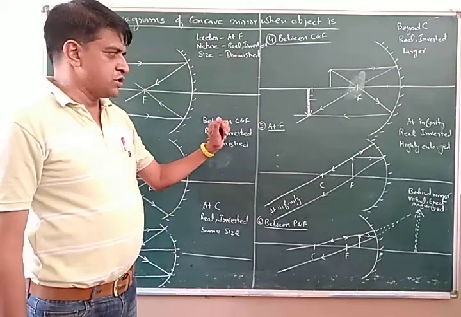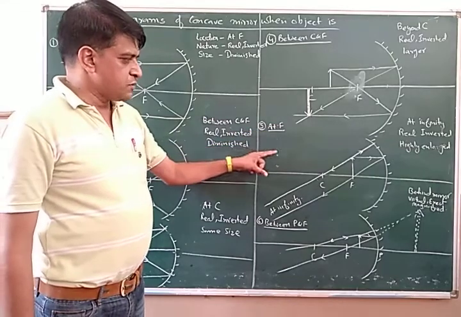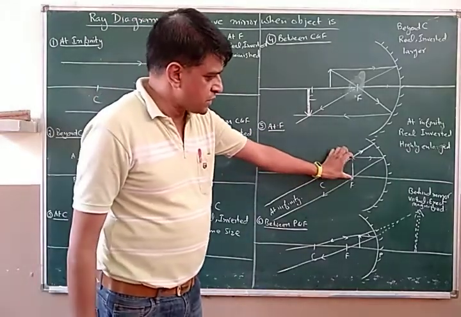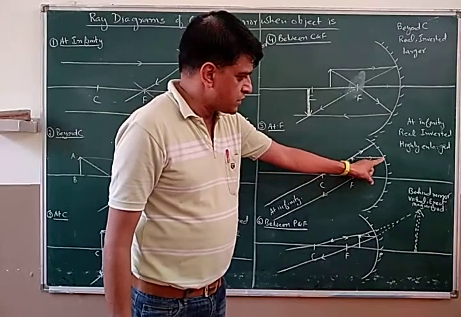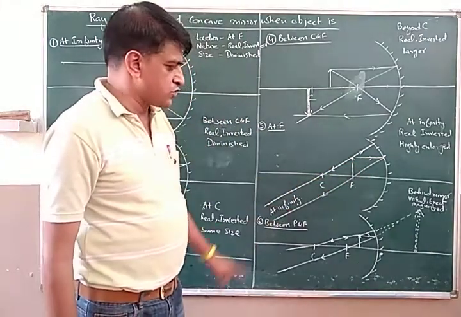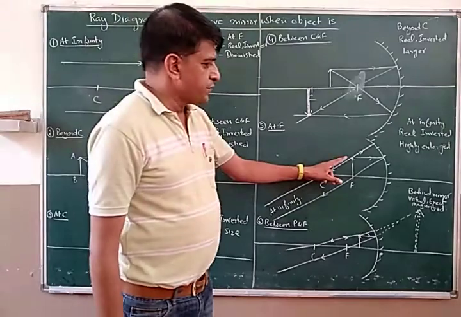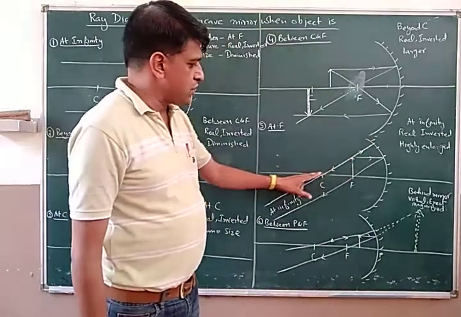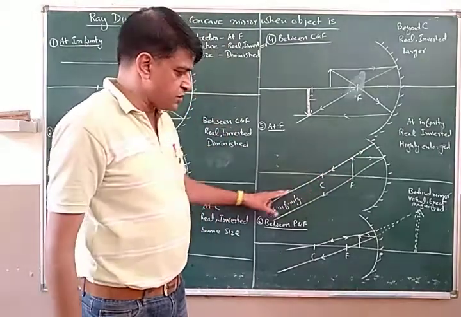Now the fifth position. If the object is placed at F, this is your object. The first light ray is parallel to the principal axis. After reflection, it will pass through the focus, and the second light ray, if it passes through the center of curvature, retraces its path.